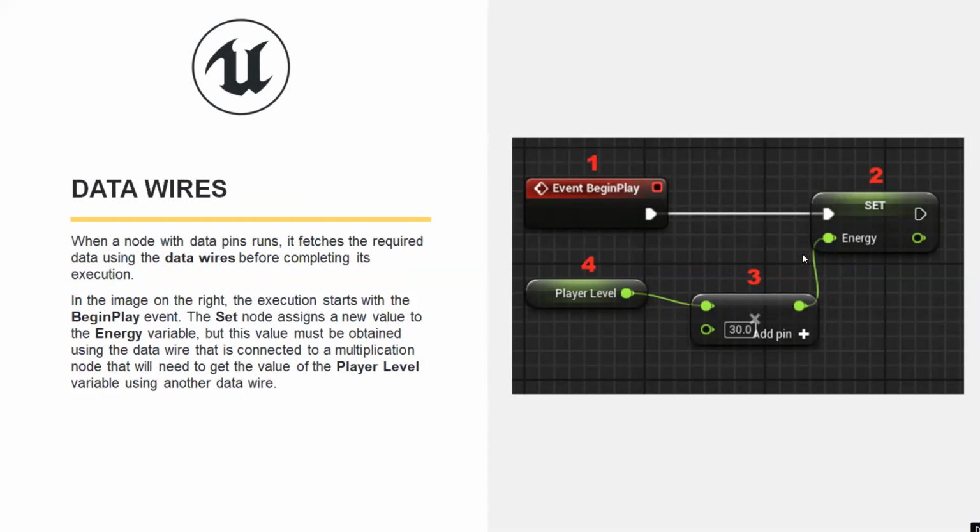So let me read that. So it travels along and it reads this. It says, okay, I've got a multiplication node here. I've got a value, and then I have something else connected. So let me follow the path and read the value from here. Once I read the value, it pulls it in, does the multiplication, and then it calls the set, and then it moves on to the next node, whatever's connected to this output execution wire. Okay. Pretty easy stuff.